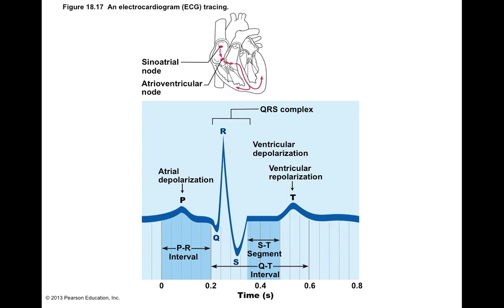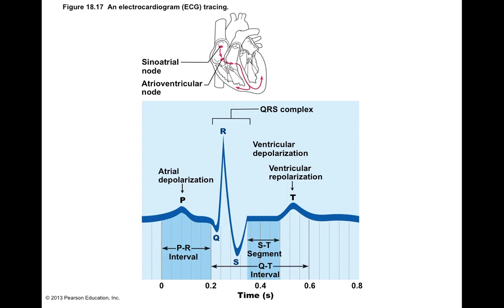What's that? They should get to the AV node, and then what? Then they go down the bundle of His to the bundle branches along the ventricles, and then what? The ventricles contract. Good, exactly.